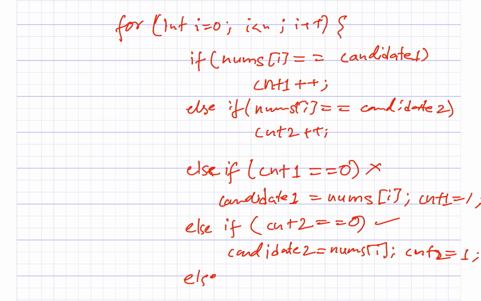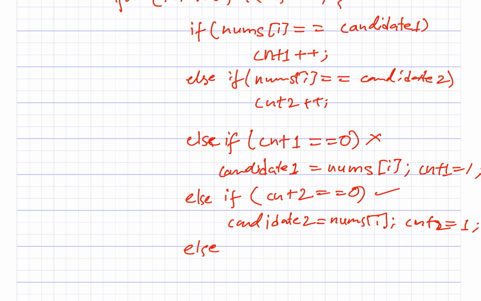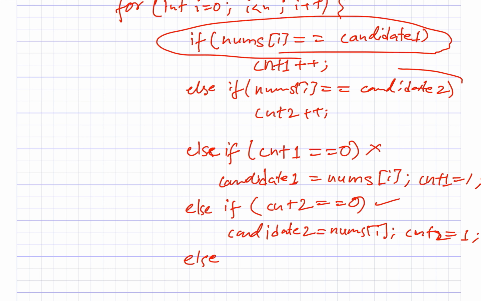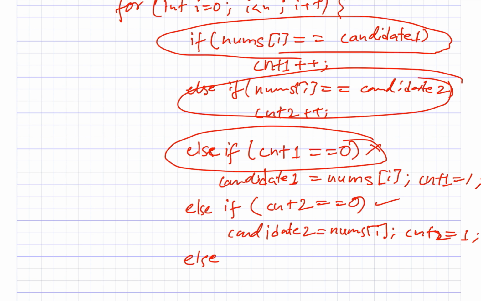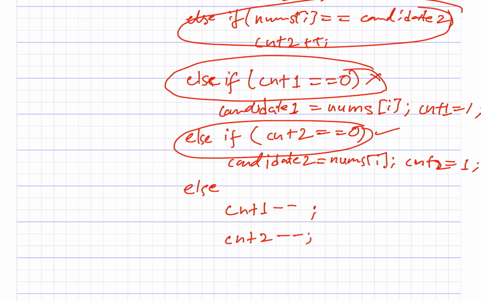Else if all the statements are false, then what can happen? That means we have an element that appears once, and our candidates are not equal to that element. Also our candidate counts are not 0, then we will just decrease the count of both our candidates.